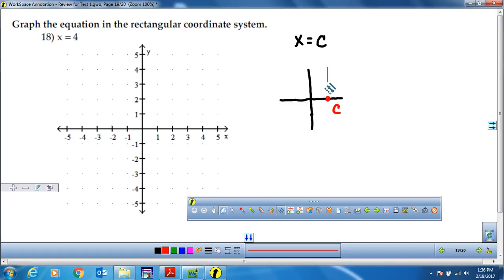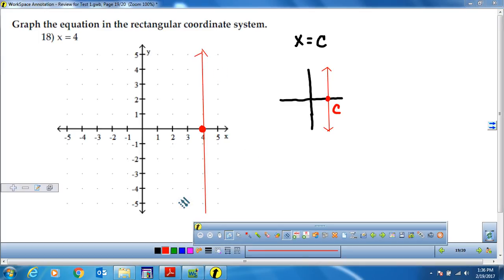That's what x equals c will actually look like according to the definition. Okay, so in this case it is x equals 4, so that will be a vertical line intersecting the x-axis at x equals 4. So we're just going to create a vertical line from here all the way down, of course located at x equals 4. That will be the graph of that equation, x equals 4.